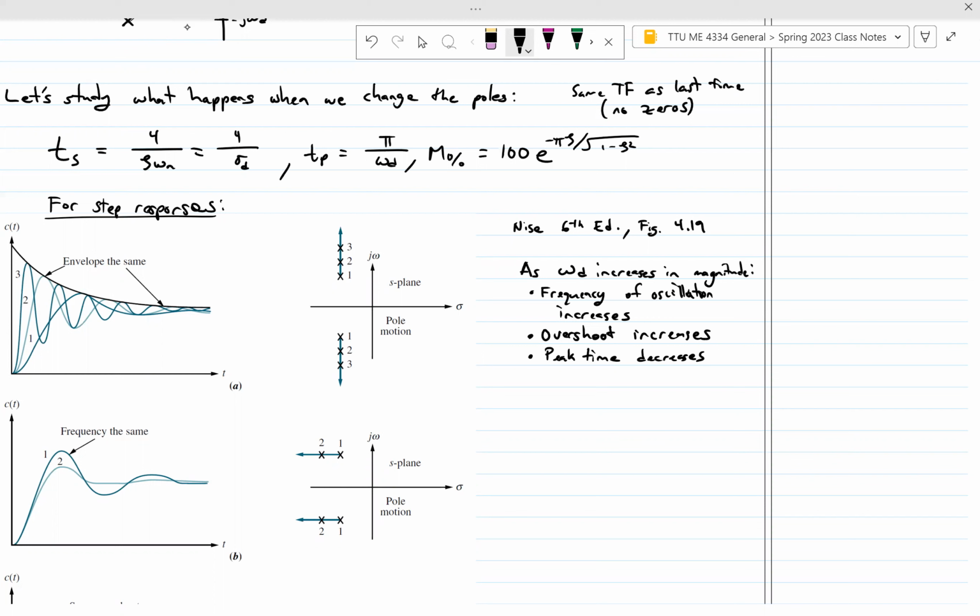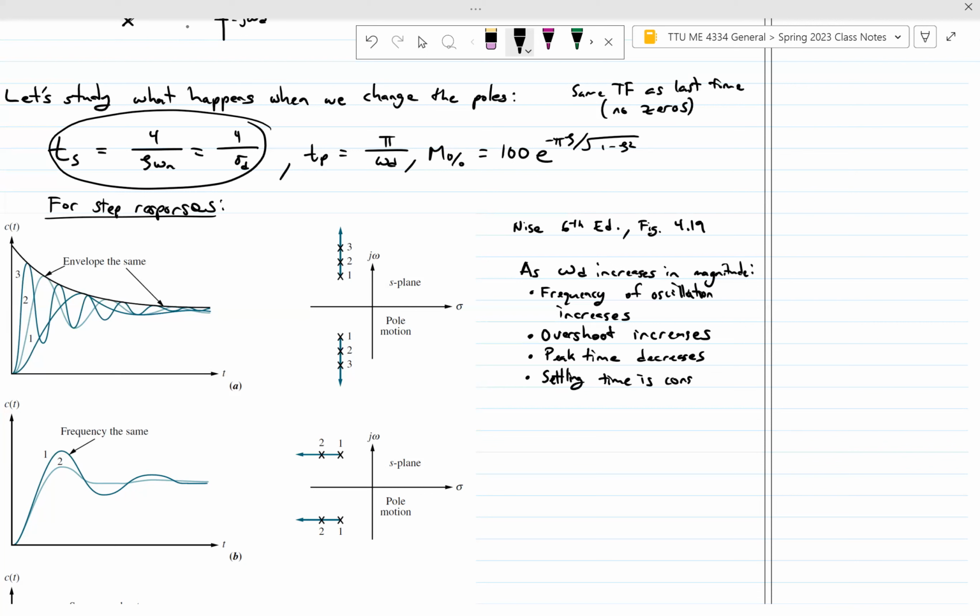Does it change? We have a formula for settling time here, right? What's the settling time relate to? What part of our pole? Only the real part, right? And so what have we changed in this case? The imaginary part, right?